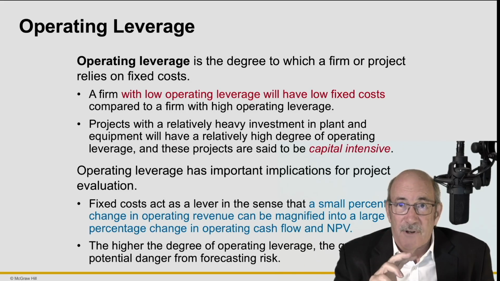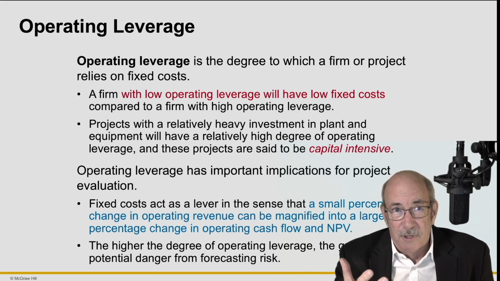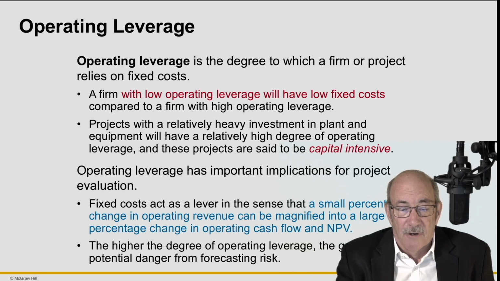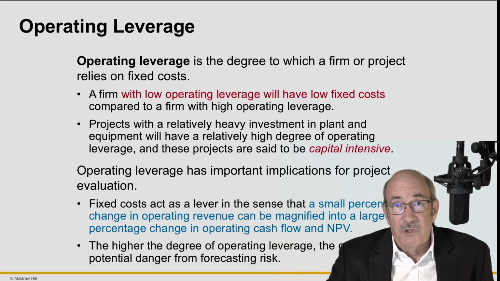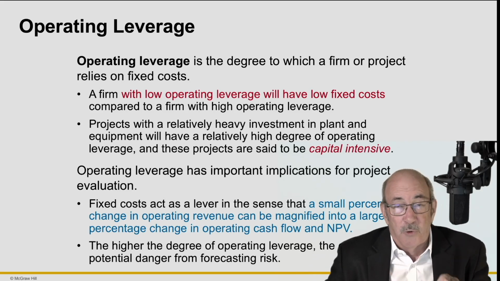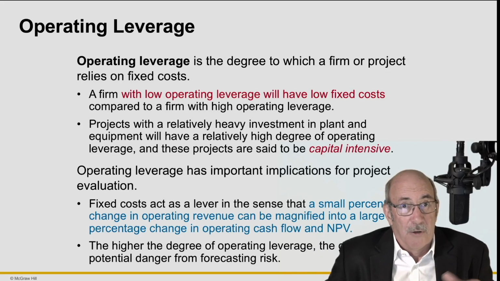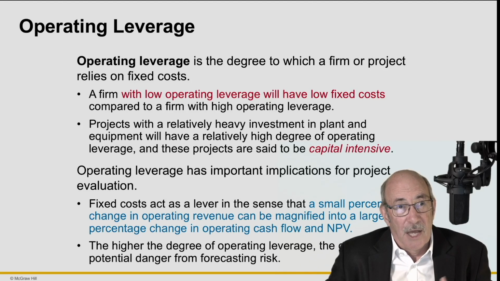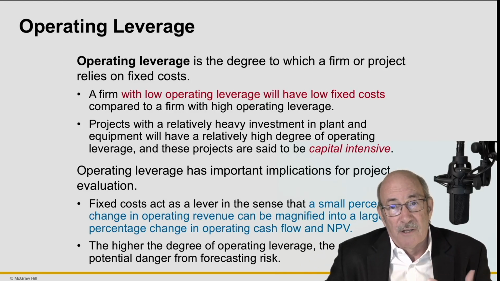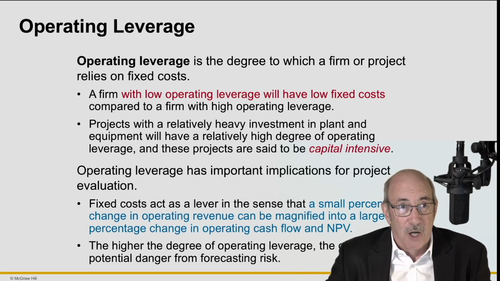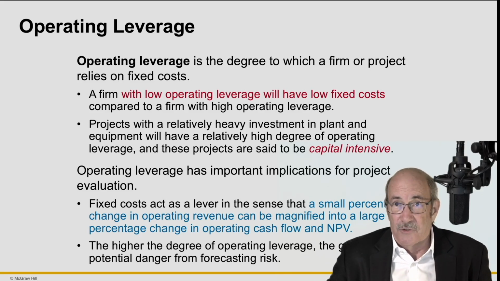If fixed costs are very low, then the largest fraction of our costs are variable costs. And as a result, if our volume drops off, our variable costs go down, but our fixed costs are relatively minor, so we're able to easily pay that. So the higher the operating leverage, in other words, the higher the fixed cost component of total costs, the riskier is our business.